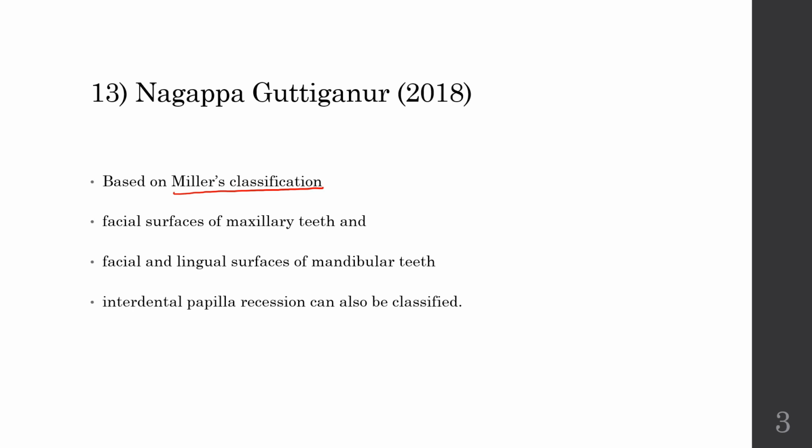They have actually included the facial surfaces of maxillary teeth, facial and lingual surfaces of mandibular teeth, and interdental papillary recession also, which was not covered in the Miller's classification. In the Miller's classification, they have covered only the classification for the buccal surface of the teeth, but not for all other aspects of the teeth. So Nagappa and team have included the other aspects too.